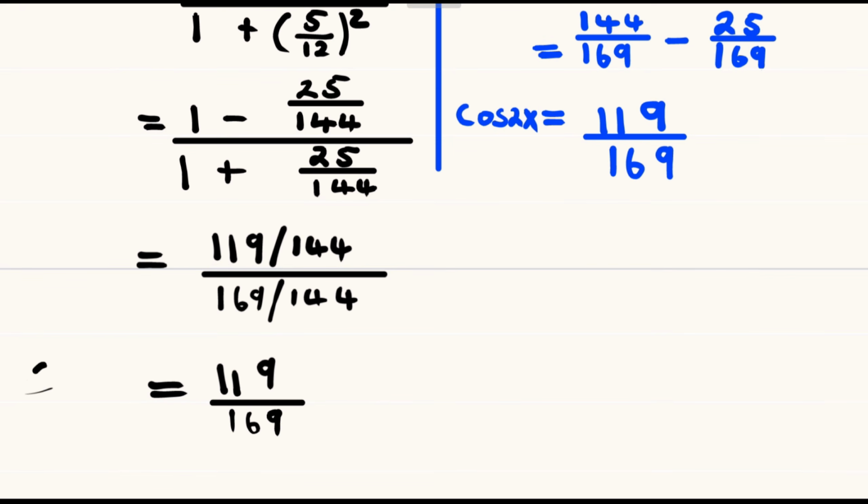So cos 2x is equal to 119 divided by 169.